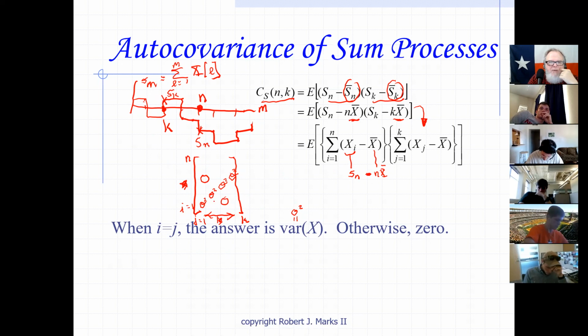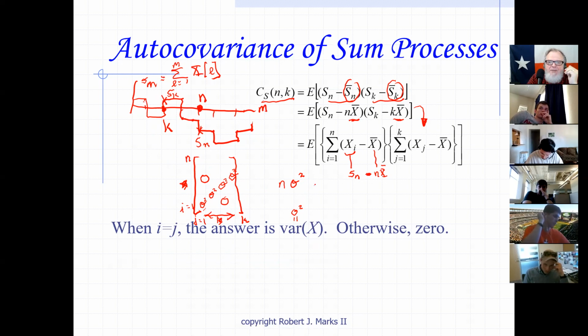And we're going to sum up all of these things. Well, if we sum them up, how many of these do we have? We have n sigma squared, right? If we sum up all of the values within this covariance matrix, as we've seen before, we get n sigma squared.